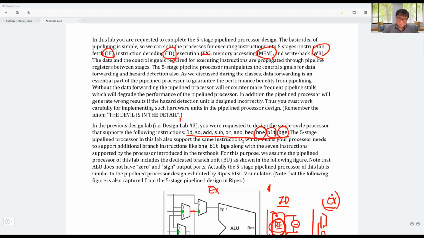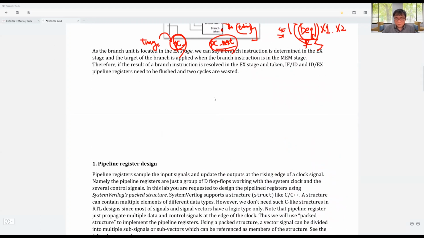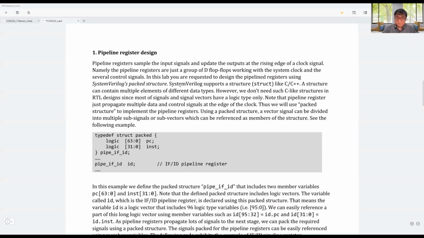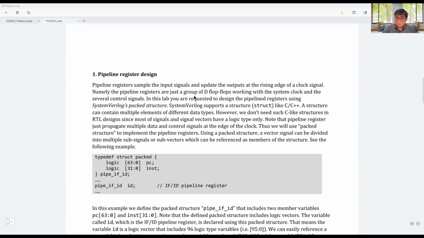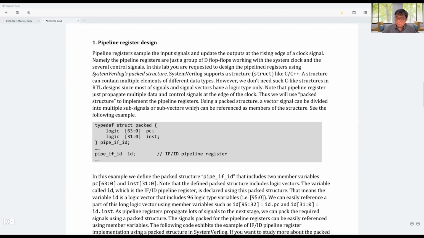So please read the document thoroughly, and you can find some additional explanation about the final project. I also introduced some design tips with SystemVerilog. SystemVerilog supports the structure type, which is similar to the structure of C or C++.